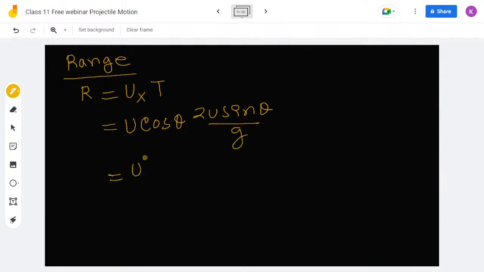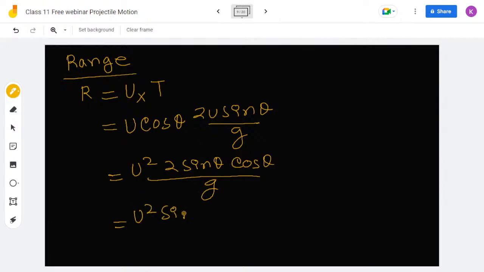It becomes u square 2 sin theta cos theta by g. We know that 2 sin theta cos theta can be written as sin 2 theta, so R equals u square sin 2 theta by g. Let's take this as equation number 7.